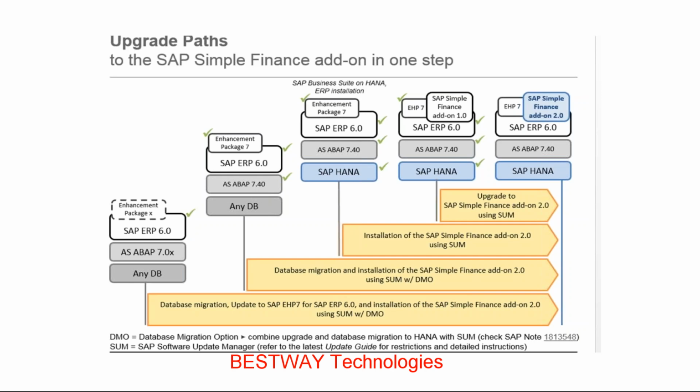If you just do a database migration now, you can go to EHP 7. But later down the line, 6 or 10 months later, if you want to go for 1709 or the 2018 release, a comfortable EHP update will happen and then you will go to that particular release. Okay, perfect.